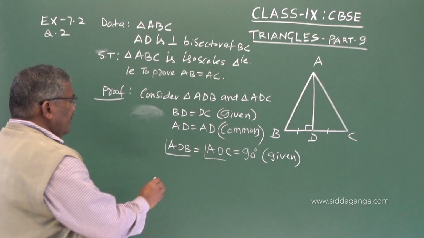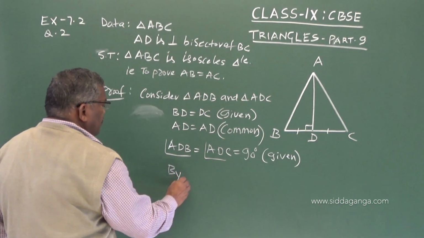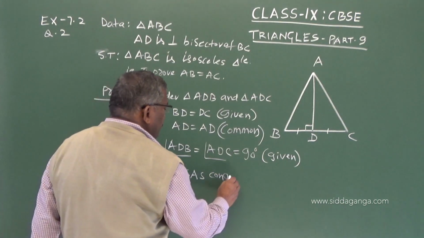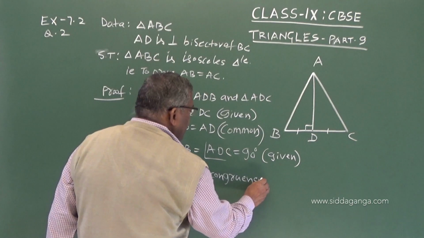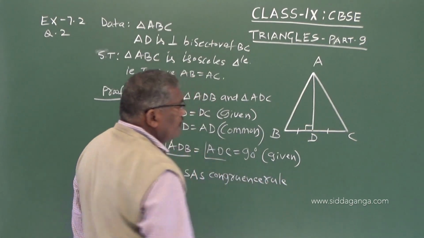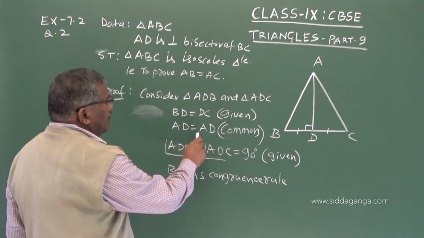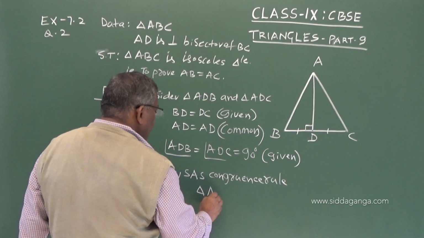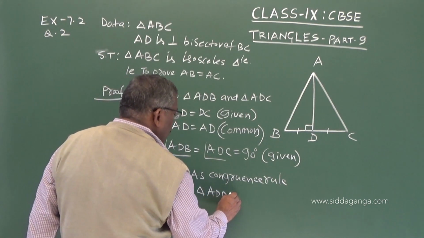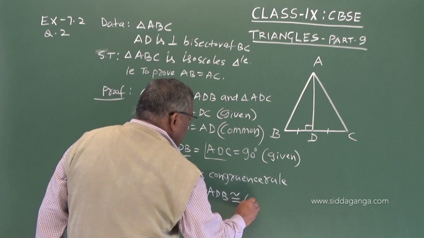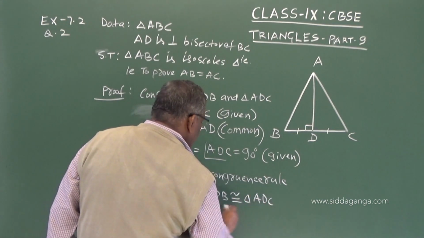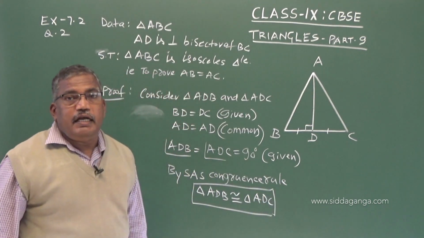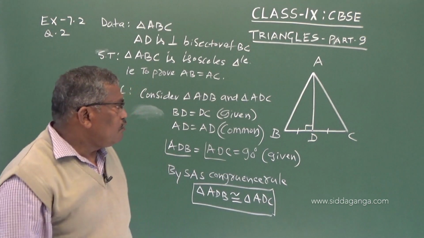So therefore by SAS congruence rule, we can say these two triangles are congruent. Triangle ADB is congruent to triangle ADC. So once we prove this, the corresponding angles must be equal, the corresponding sides must be equal.